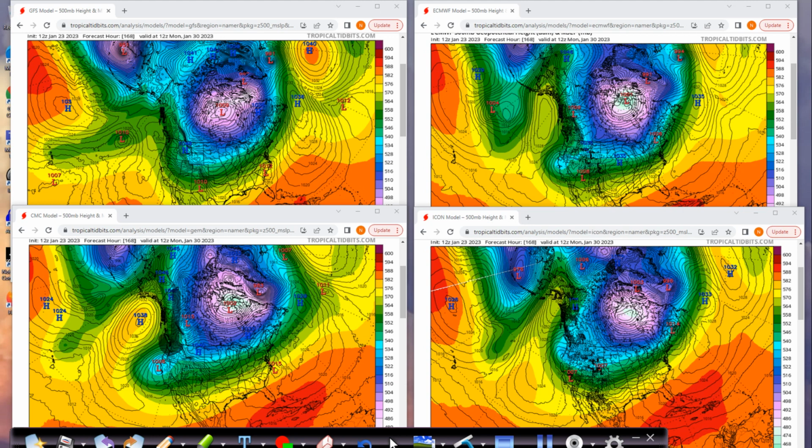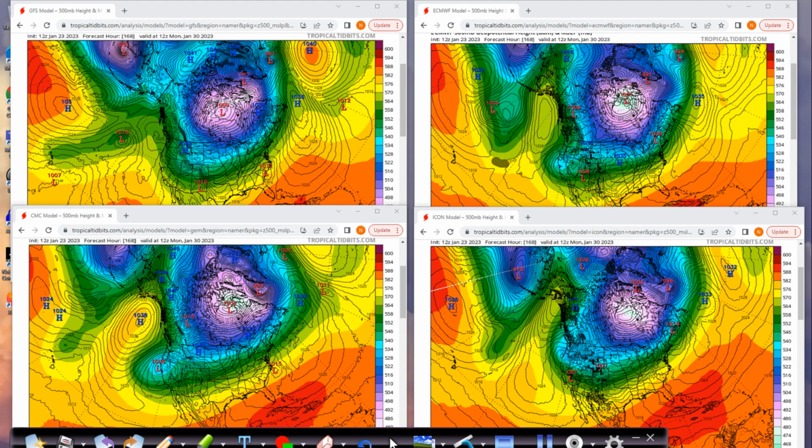Now, if it's too strong, these cold systems that come from the north could go off to our east, and we would remain drier. This is where we start seeing some of these big model differences. The German model still has this ridge here, and still keeps cold air into the northwest, as opposed to a little further south with the Canadian model down here in the lower left corner.